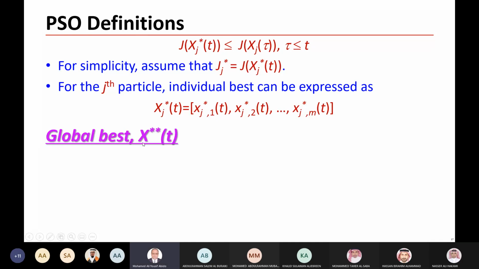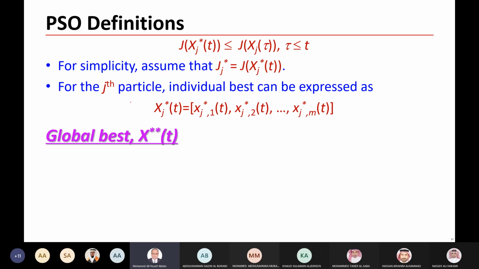But here we have only one solution that gives you the global best, which is among the particle bests.